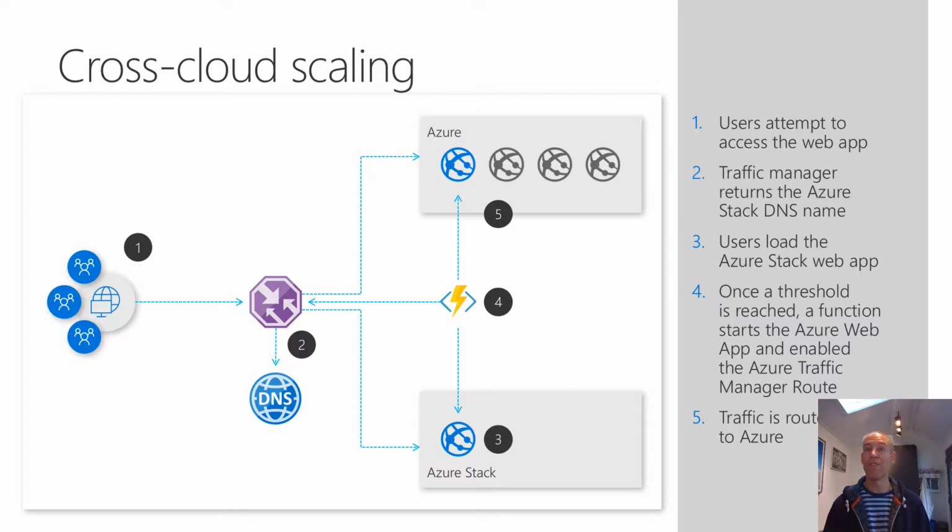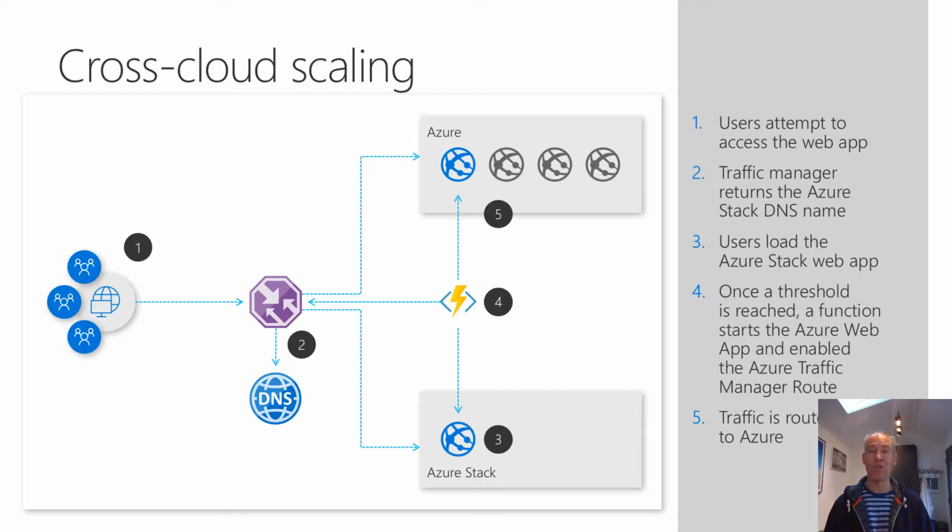It normally directs them to the Azure Stack instance, which is where you prefer them to run. There is something monitoring the Azure Stack capacity, how hot it's running, and that's an Azure function. That function can run either in Azure Stack or it could run in public Azure, but it's going to monitor the performance of your web app in Azure Stack.